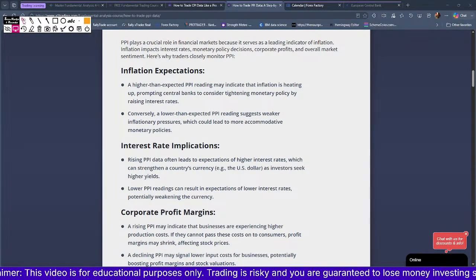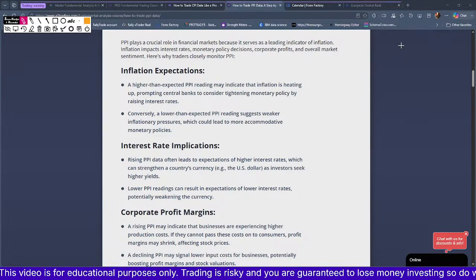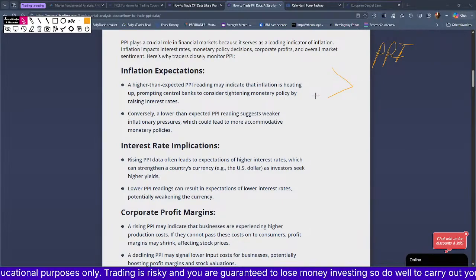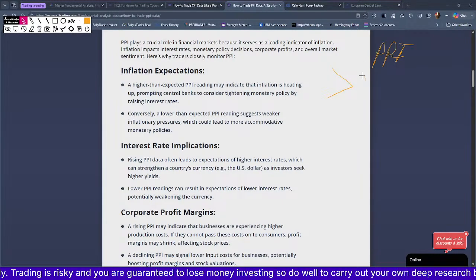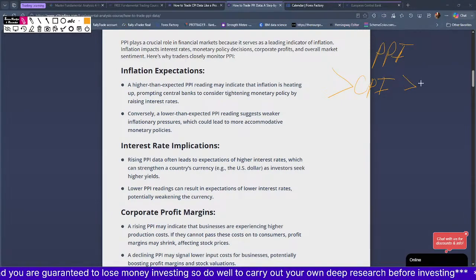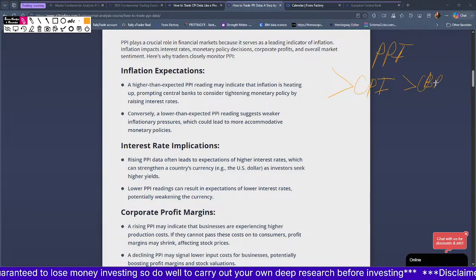If PPI is going up, everybody expects CPI to go up. And because everybody expects CPI to go up, the Fed is going to have to come in and say, okay, let's raise interest rates.